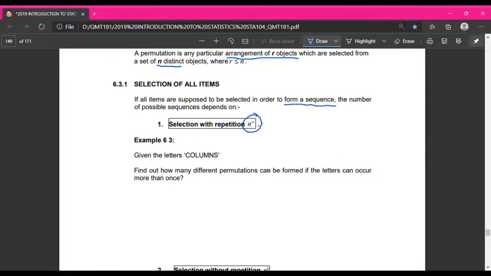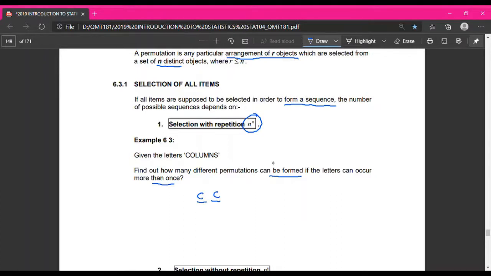Example: given the letters of COLUMNS. We have the letters C, O, L, U, M, N, S. We have 7 letters altogether. We want to arrange them and find out how many different permutations can be formed if the letters can occur more than once. That is why we use permutation, because we want to arrange to form a sequence. We want to use all the letters, all 7, and it is with repetition. That means if we have taken one C for the first position, for the second we can put C again. That is what with repetition means.